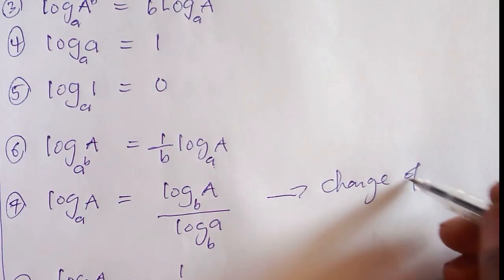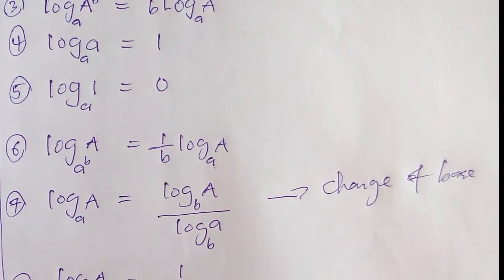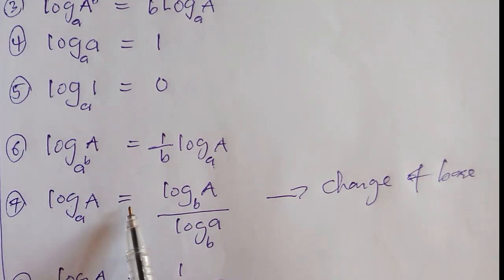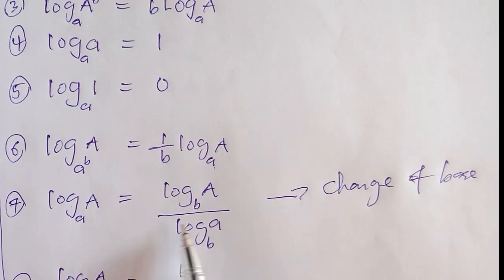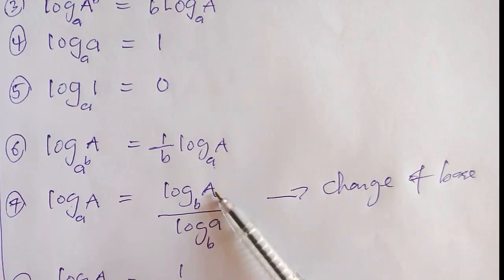The next one is what we call change of base. This law is used to change the base of a log. If we have log a to the base a, then this will be equal to log a to the base b all over log a to the base b, meaning we have introduced a new base, which can be any base.